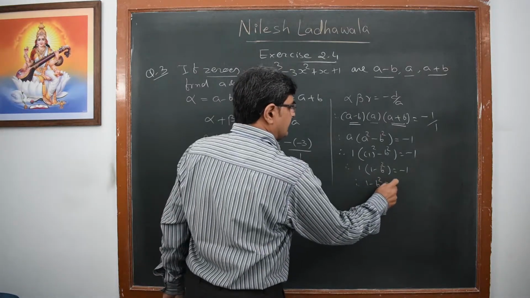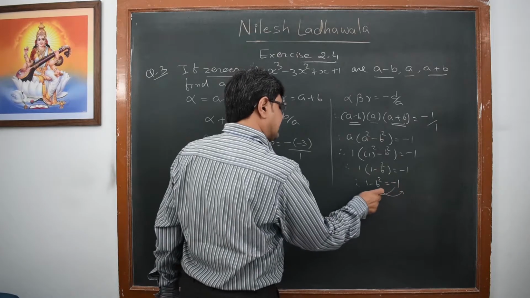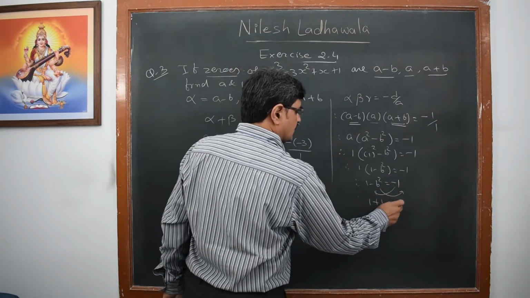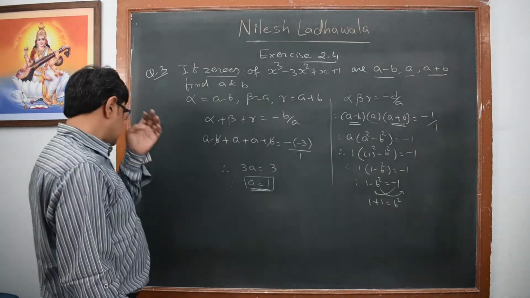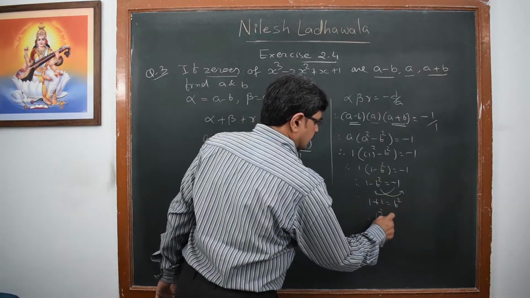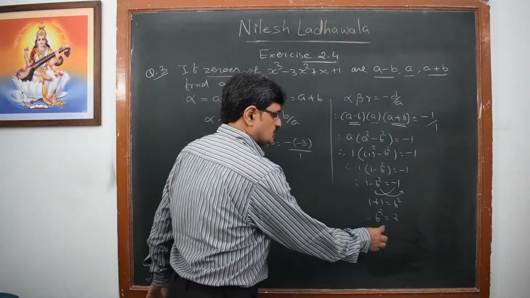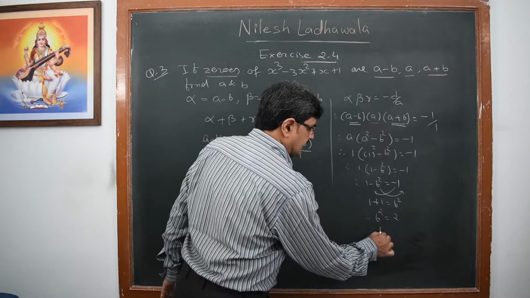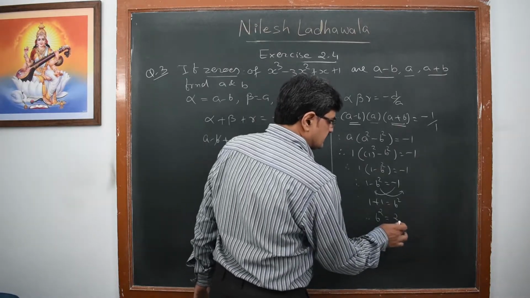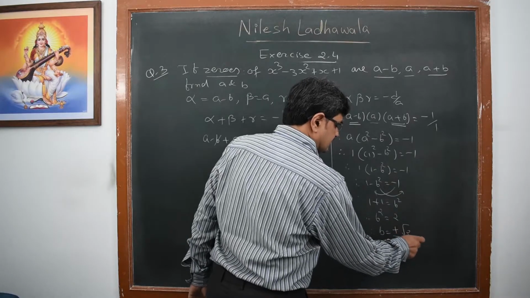So to obtain the value of b, I will take b square to the right side and minus 1 to the left side. So it will be 1 plus 1, and that is equal to b square. So we have b square is equal to 2. Now to obtain b from b square, I will take the square root. The square root of 2 may be plus root 2 or minus root 2.